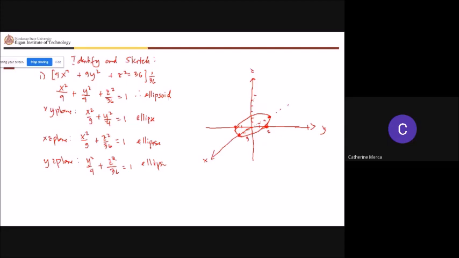Plus or minus 6. So 6 here, and then 1, 2, 3, 4, 5, negative 6. The trace in the xz plane is also just an ellipse.